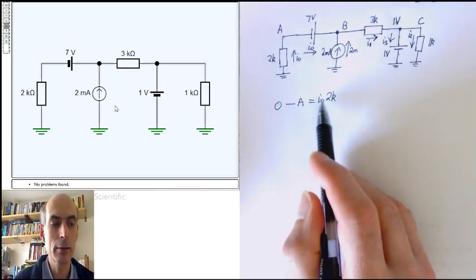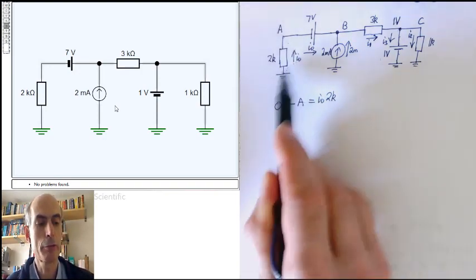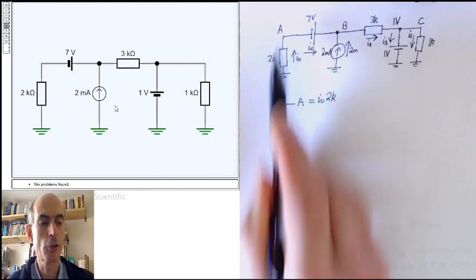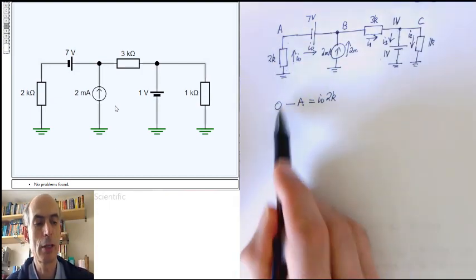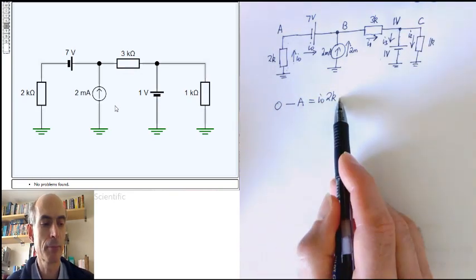And I've taken care to get the directions right. The current is flowing from here to here, so the potential difference is the potential here, the voltage here, minus the voltage here.